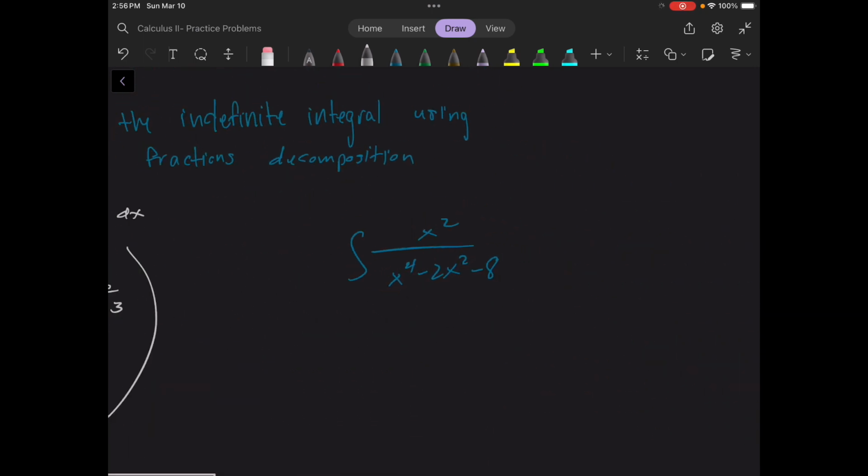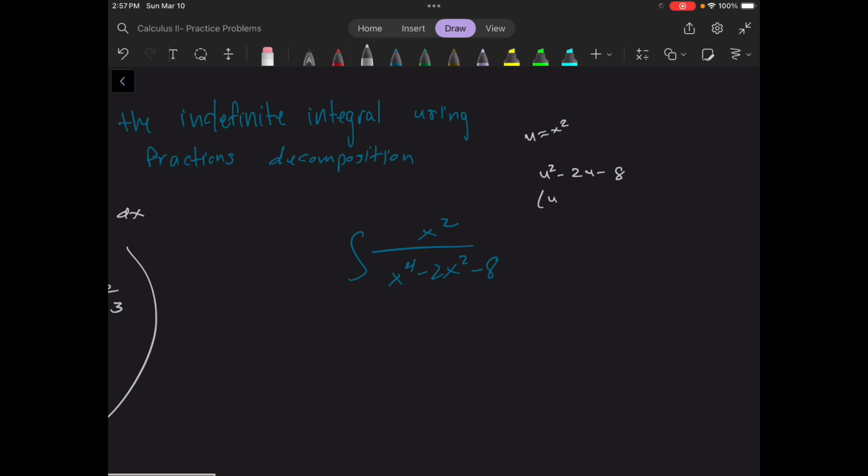So let's see, how would we factor x to the fourth minus 2x squared minus 8? Well, ignore the 4 and the 2. Let's call it an x squared minus 2x minus 8. This is probably something we could factor, right? Let's say, for example, say we just called u equal to x squared. Then this bottom equation would turn to u squared minus 2u minus 8. And this is something we could factor.